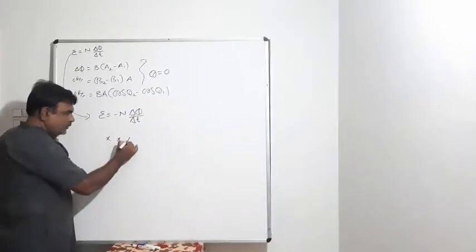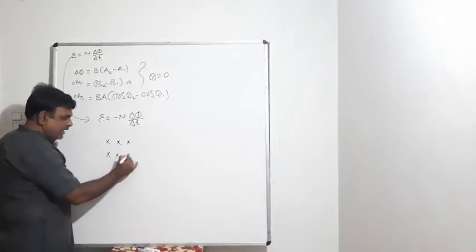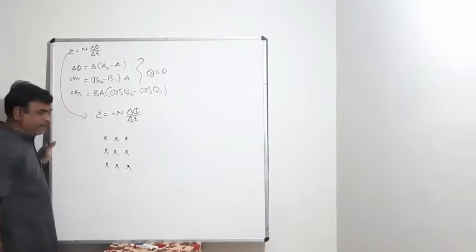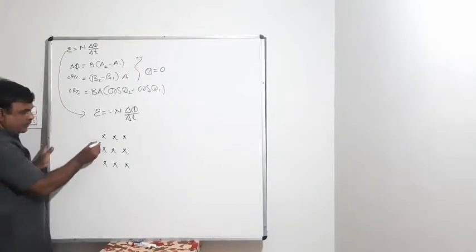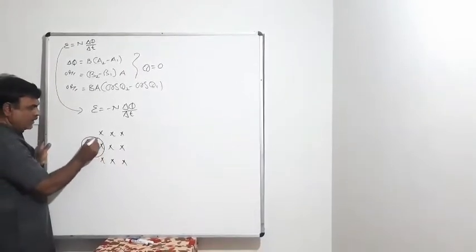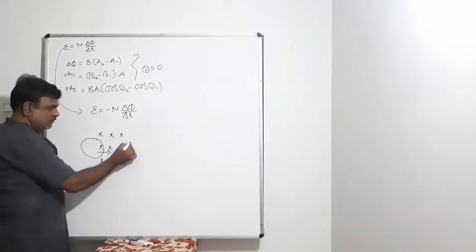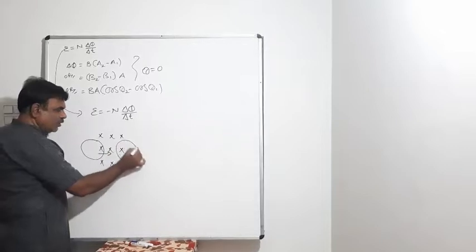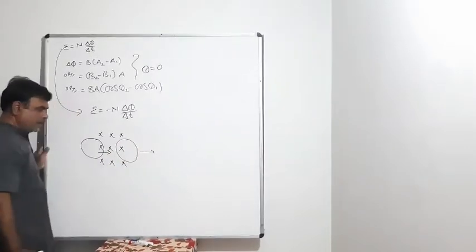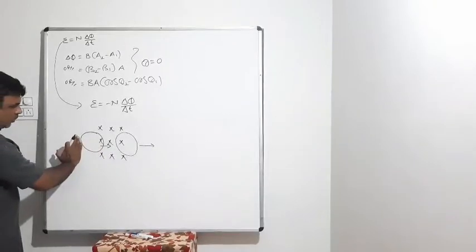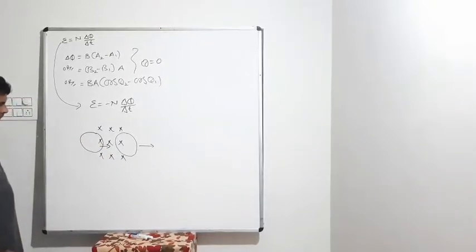Like, take a magnetic field which is into the plane of paper, perpendicular to the plane of paper. We have a circular coil which enters in situation 1 and a second circular coil which comes out. So how will EMF be induced when this coil is entering the magnetic field?